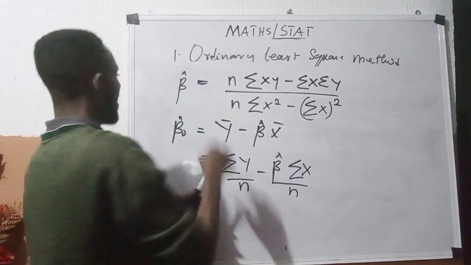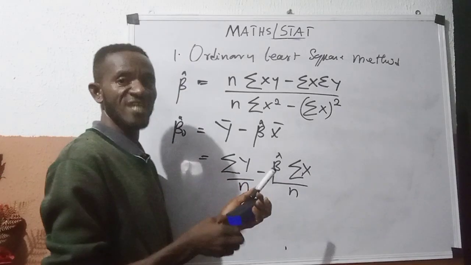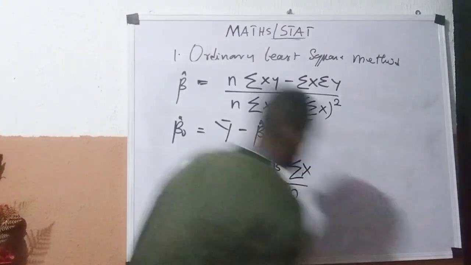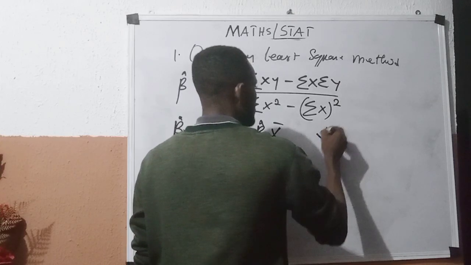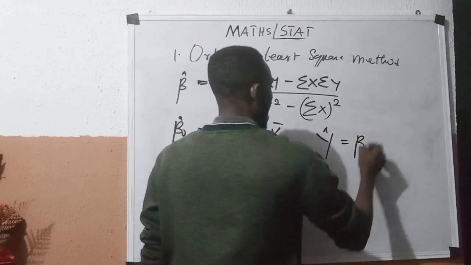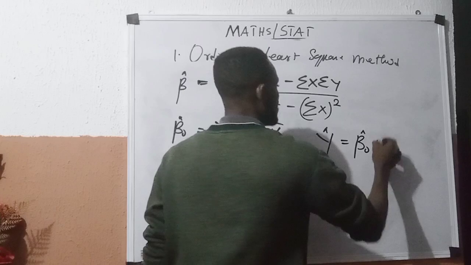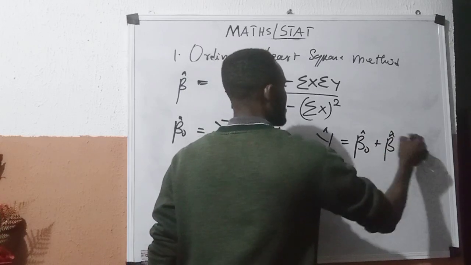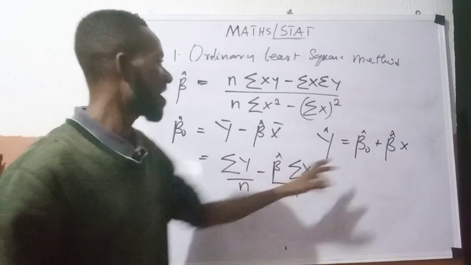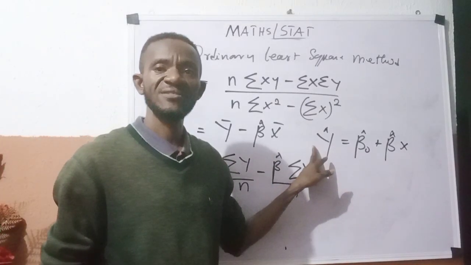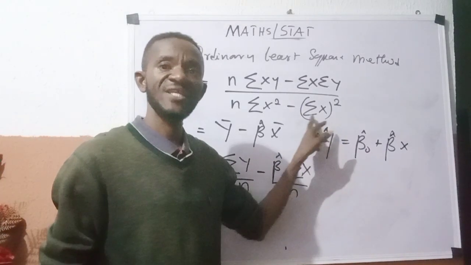And of course, when these values have been obtained, in the model you had earlier, y estimate is given as beta 0 estimate plus beta estimate of x. And here we are talking about the dependent variable, which we have estimated its value.